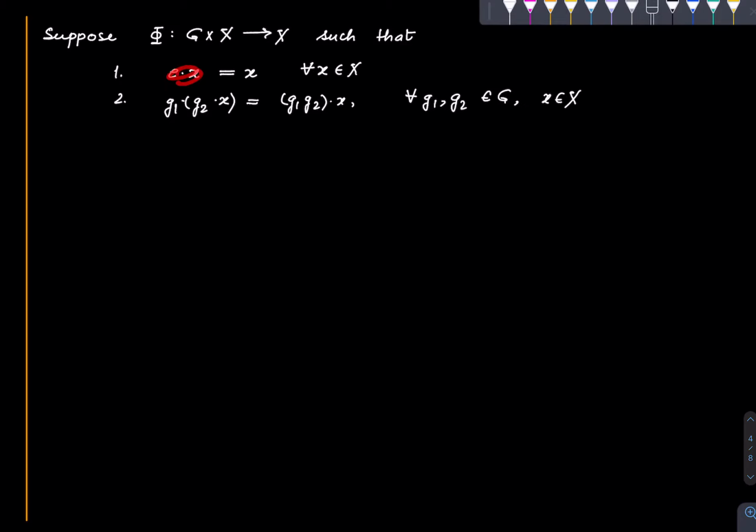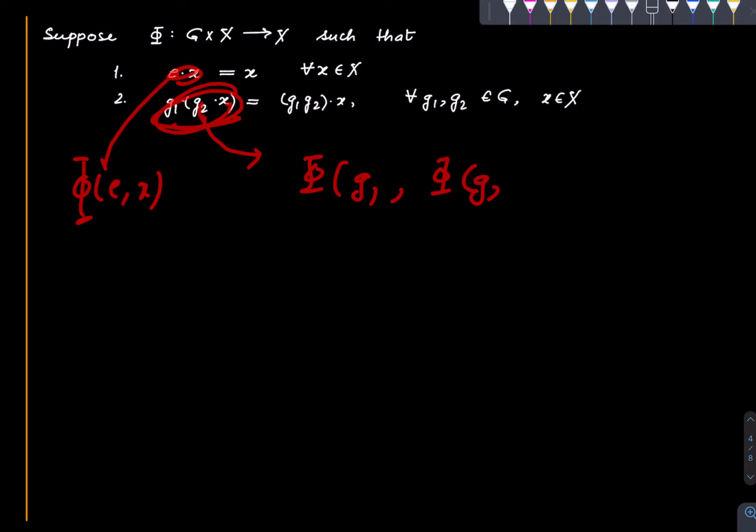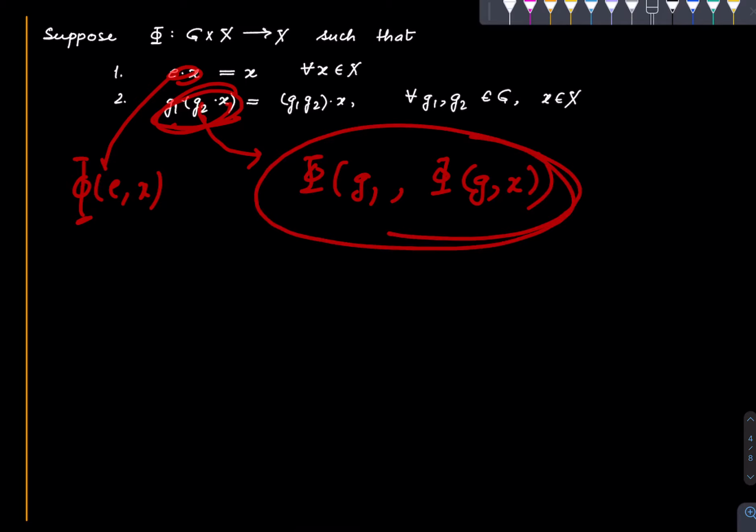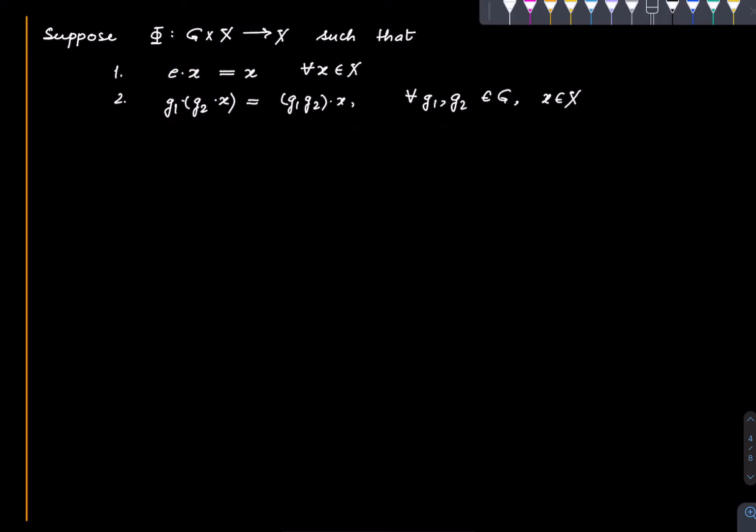Again, e dot x really means capital phi of e comma x. So g1 dot g2 dot x is nothing but phi of g1 comma phi of g2 comma x, and now we appreciate why we resorted to the simple notation. All right, so suppose such a thing is given, we will create an action of G on X. So with that information, define little phi going from G to Sym X as phi of g.